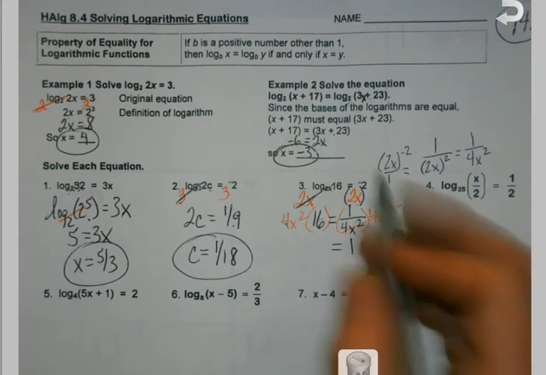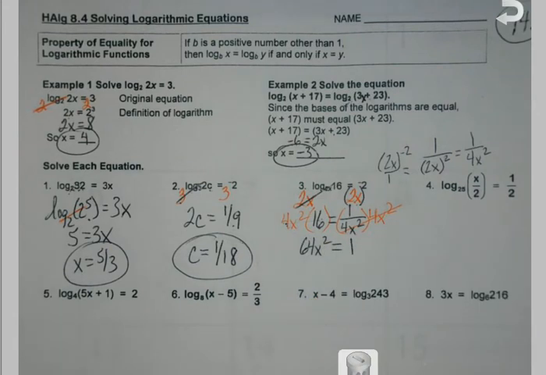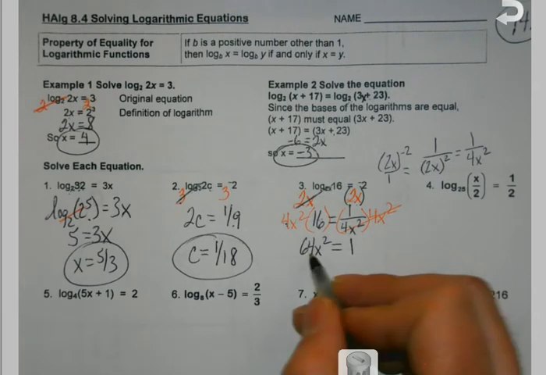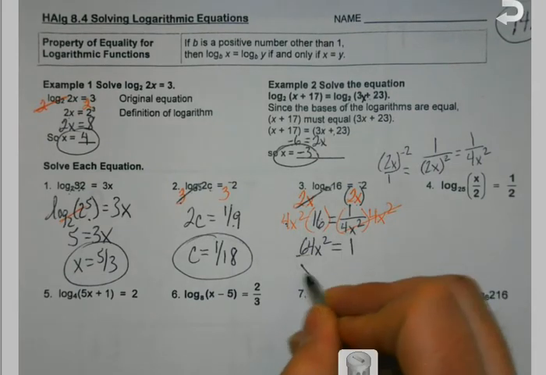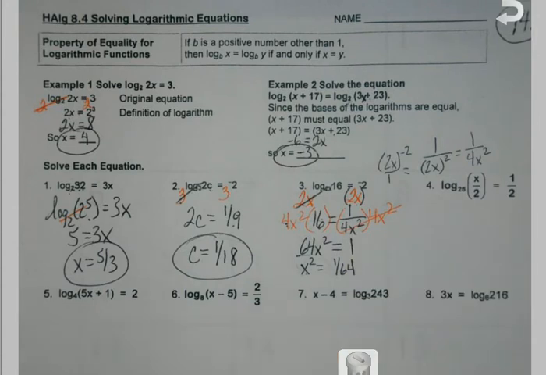4x squared times 16 gets me 64x squared. And now there's actually some light at the end of the tunnel here. I can divide by 64. You're like, holy cow, Hardy.